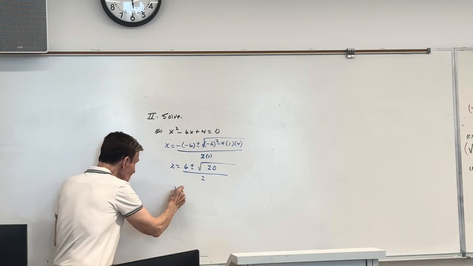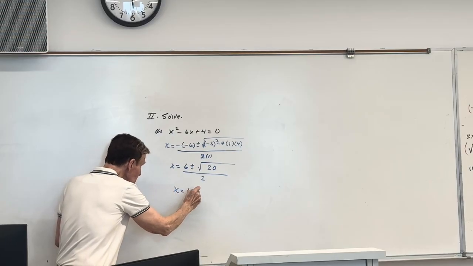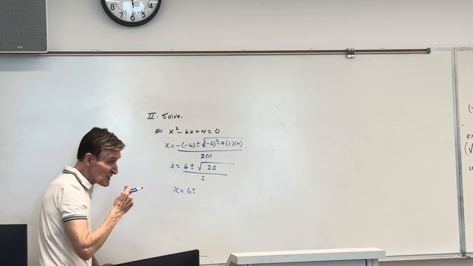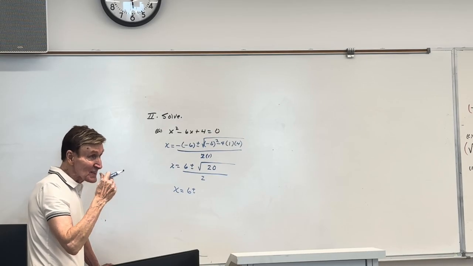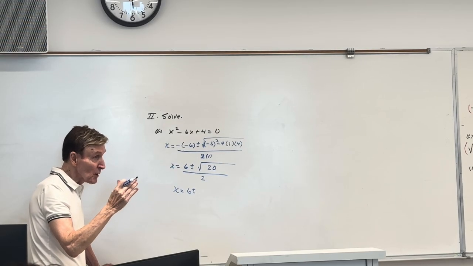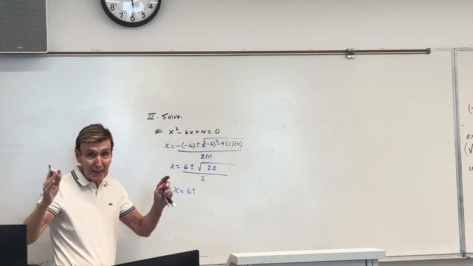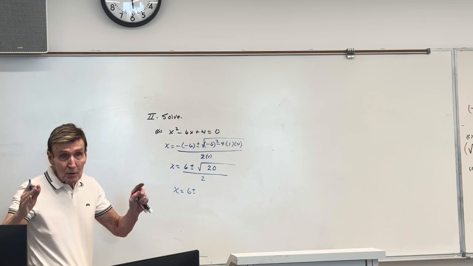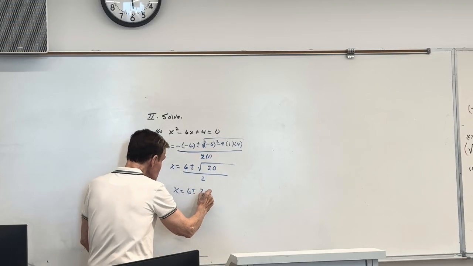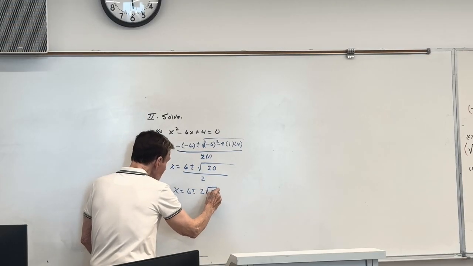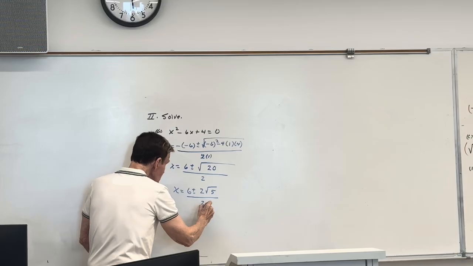Cute problem. X is equal to 6 plus minus, too bad that's not square root 25, it's square root 20. Can I simplify though? It will not be perfect, but can I simplify square root 20? Into 2 radical 5. Thank you. 4 times 5, all over 2.